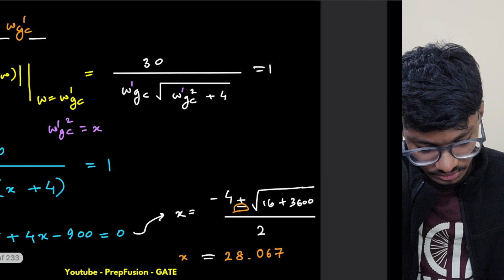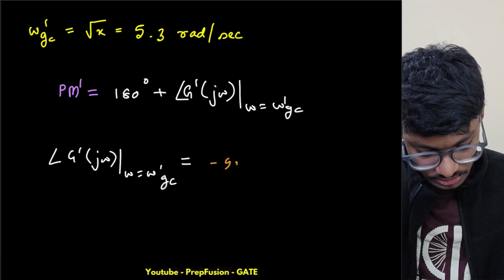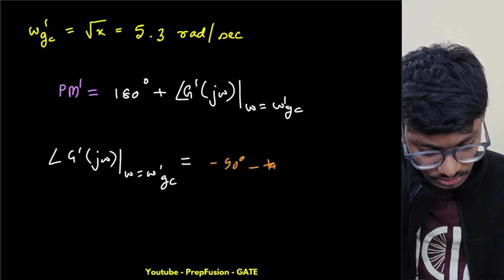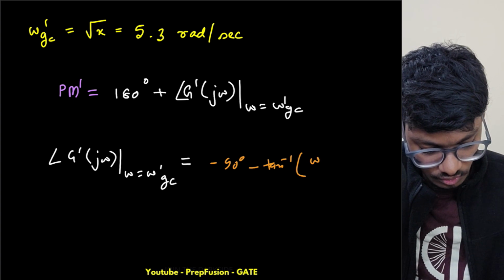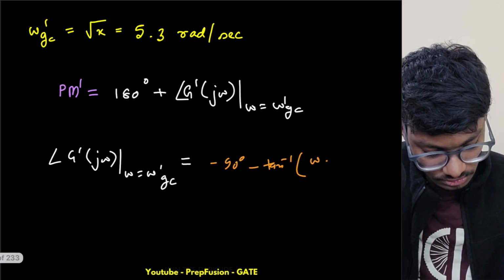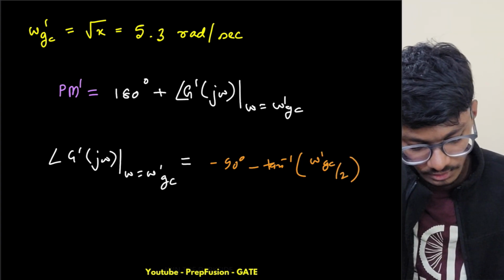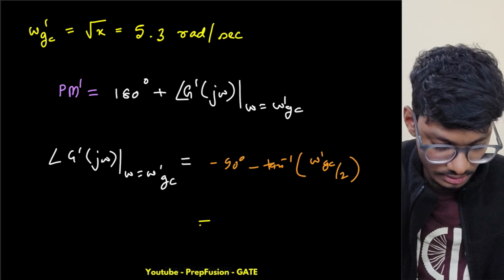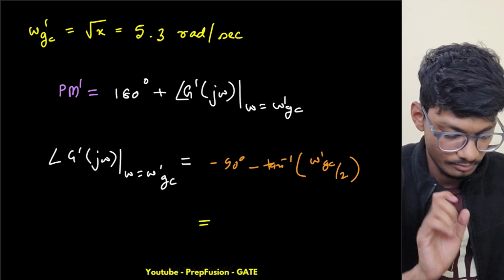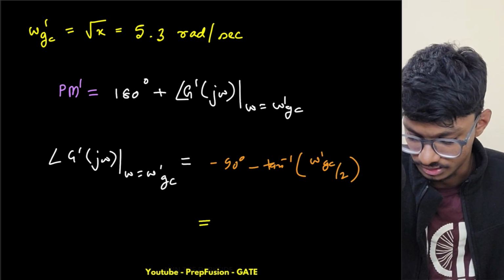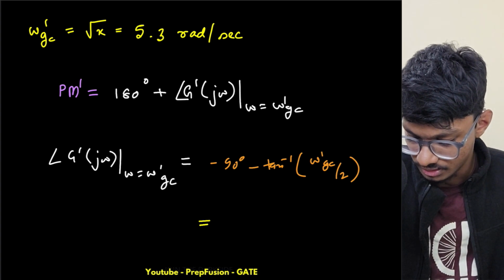So the angle for this will be minus 90 minus tan inverse of omega gc dash by 2. If I put omega gc dash equals 5.3, let's see what it comes to.